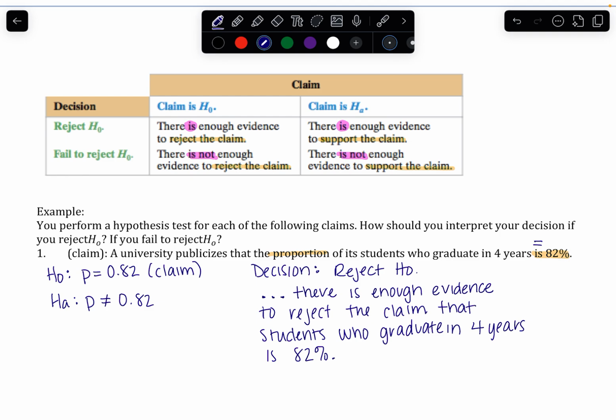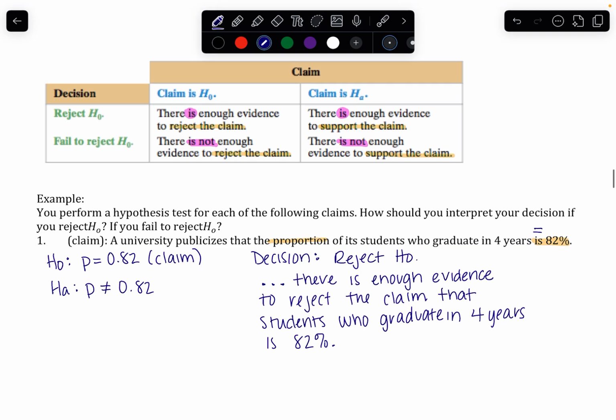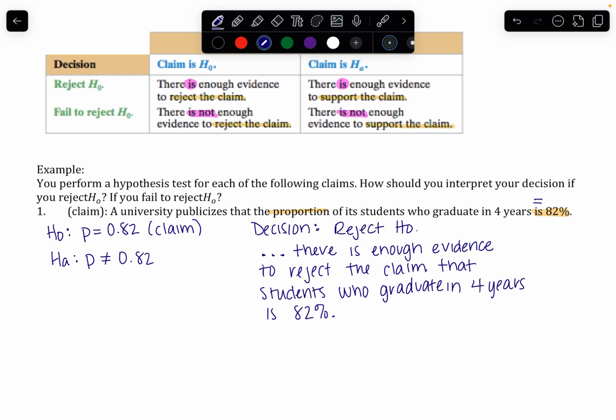Okay. Now, when we make the decision to fail to reject the null hypothesis, it's almost identical in the interpretation. The only difference when we fail to reject is instead of saying "is," we say "is not."